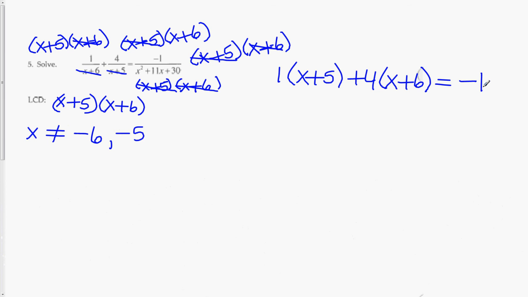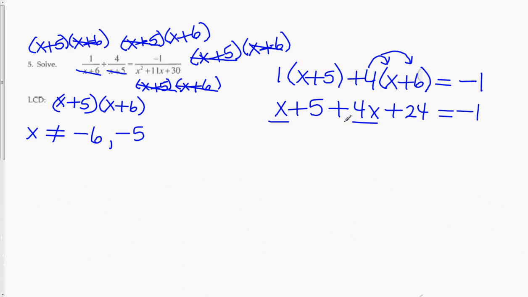So now we're going to clear our parentheses. So I'm going to have x plus 5 because 1 times both of those is just going to be that. I'm going to have a plus 4x plus 24 equals negative 1. Now in this one I'm not ending up with an x squared, so we're just going to collect like terms on the left side.